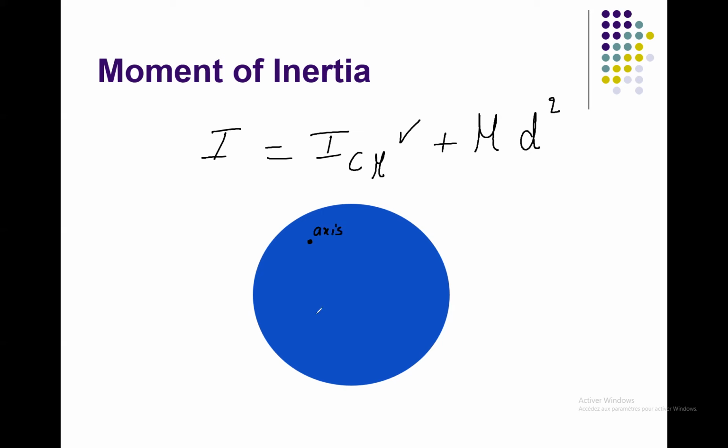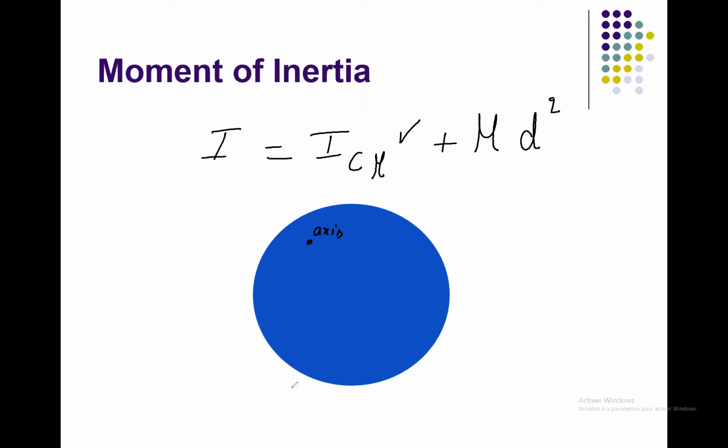In this case, any point, for example, this point will turn like this about the axis. And also this point here will turn about the axis. Anyway, the whole object will turn about the axis. Let's say we have the sphere, or it's a disk, and the axis is at this point.